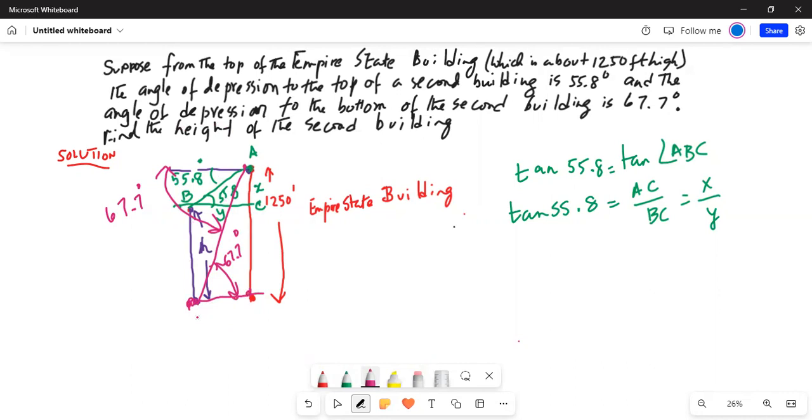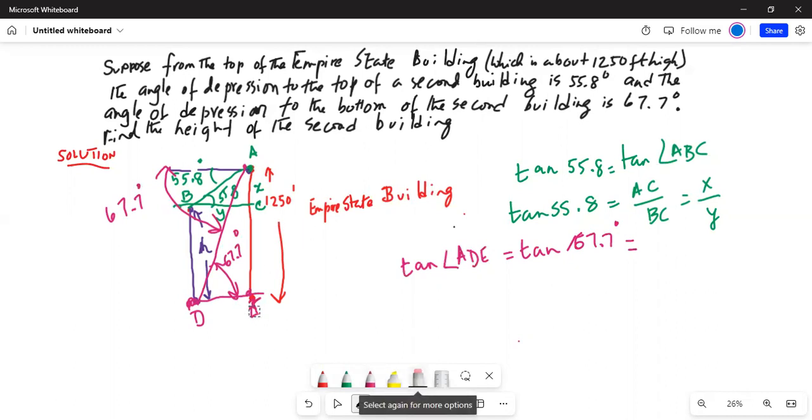Anyways, let's call it D and E. So tangent of angle ADE, which is equal to tangent of 67.7 degrees, is equal to, so I've called this D, this is E. Let me clarify this.